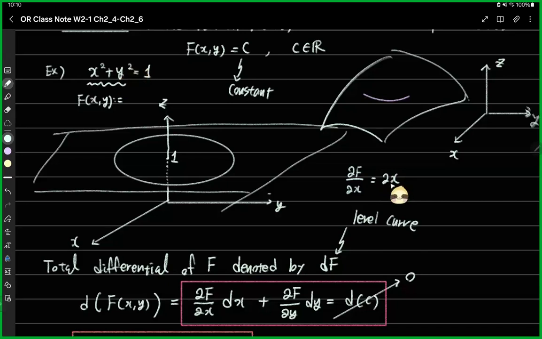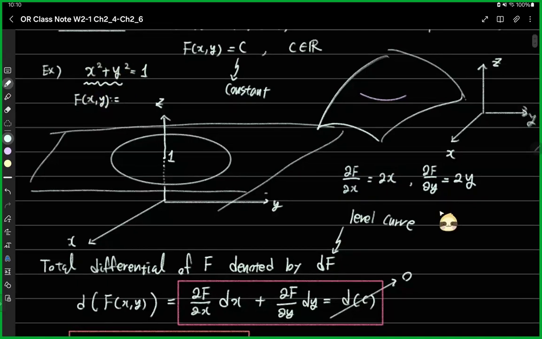So we get 2x. Similarly, partial f partial y: the derivative of x squared with respect to y is 0, and the derivative of y squared with respect to y is 2y. So the total differentiation of f in this example is 2x dx plus 2y dy equals 0.